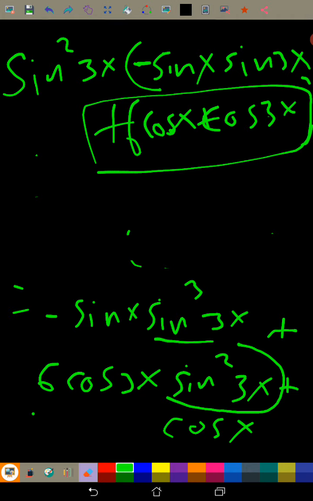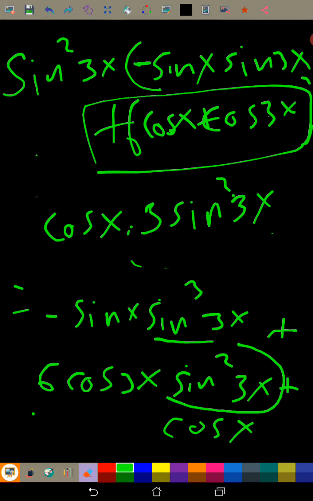The second part is cos x times 3 sine squared 3x times cos 3x times 3, right?